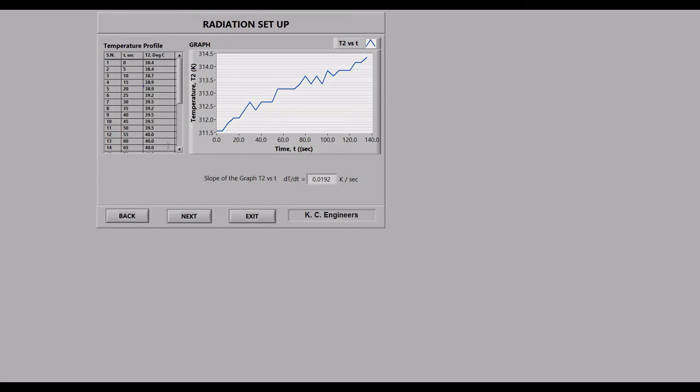This is the temperature profile we obtained from our experiment. You need to plot a graph of temperature versus time and calculate the slope of this graph.